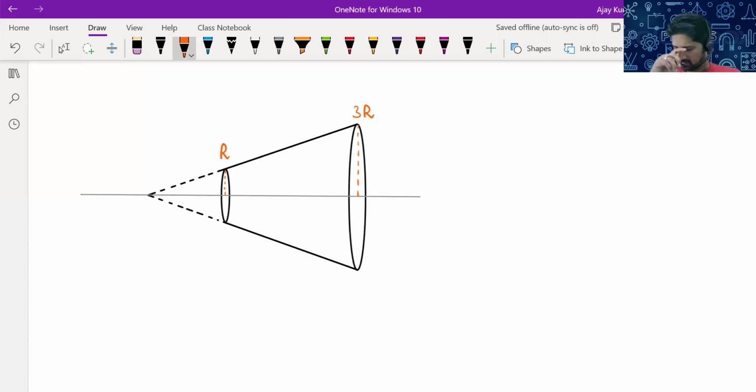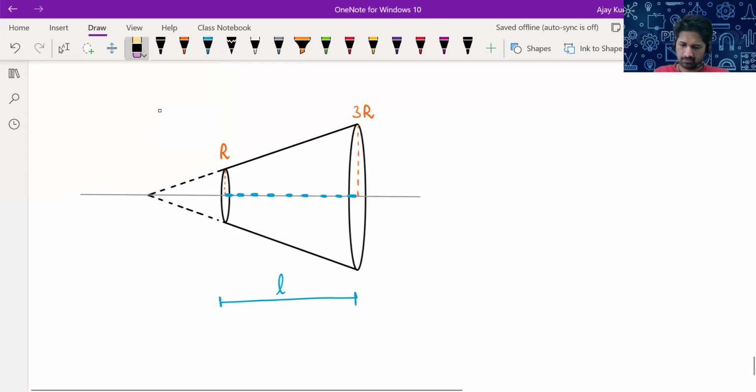And you need to know the distance also, this length. Let's say the length from here to here is given to you as L. So the length of the frustum itself is L, not the complete cone.